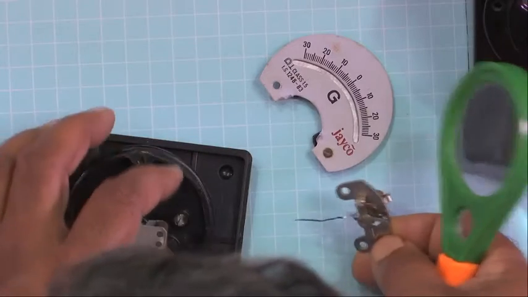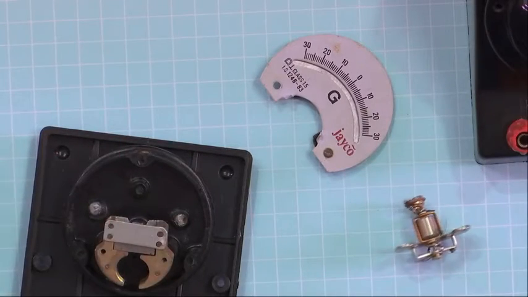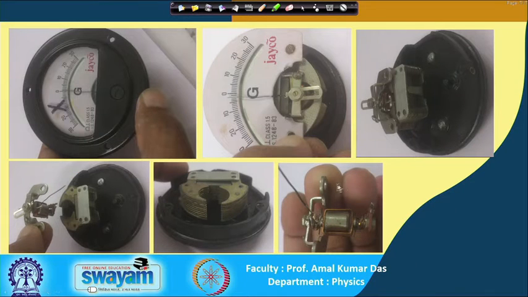In the figure here it is more clear, just check it. I have taken a picture. This is the rectangular coil, this is one spring, this is another spring.